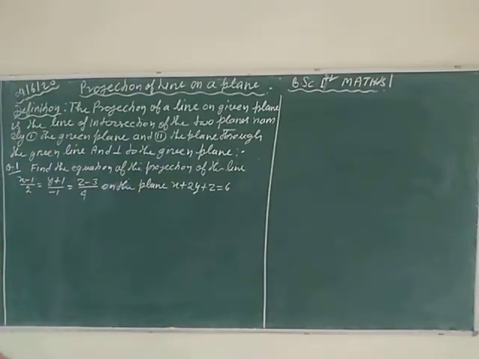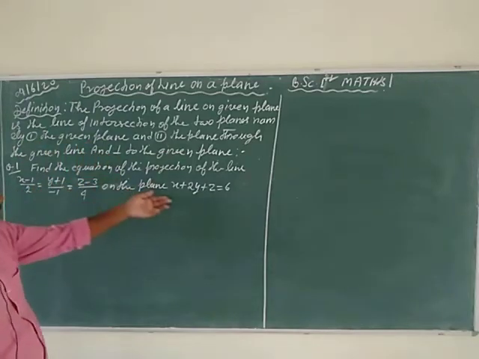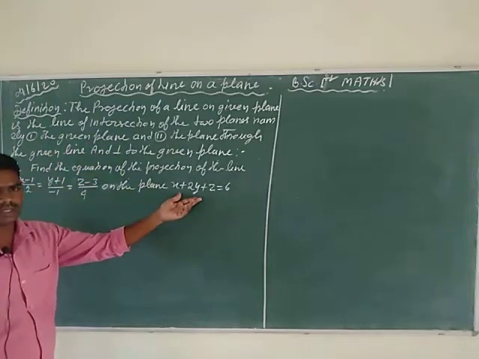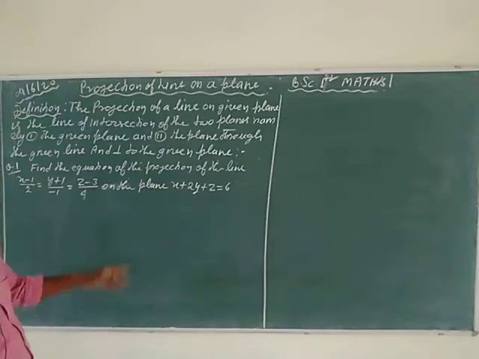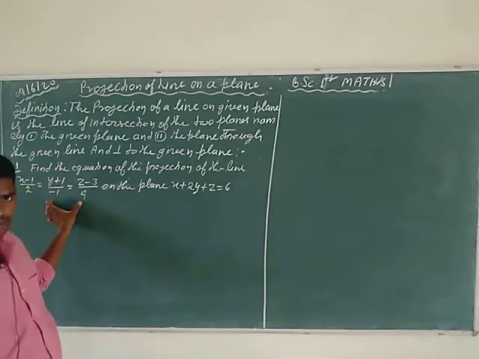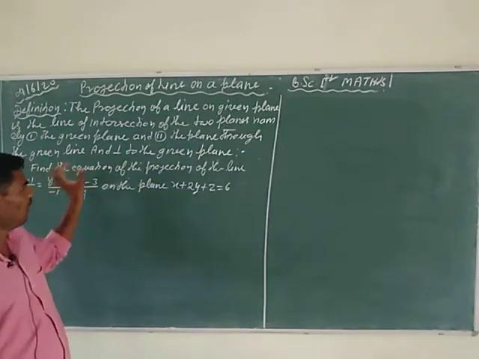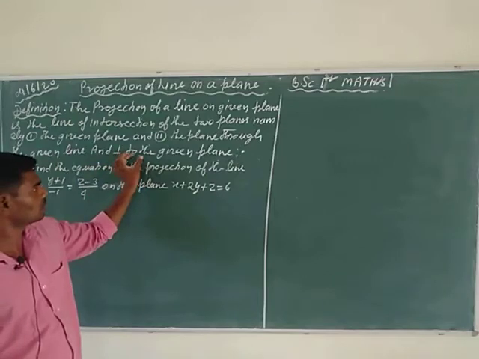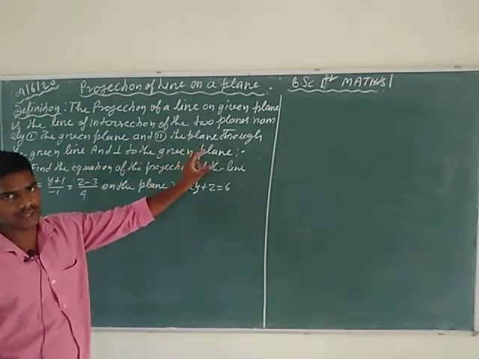So here it is clear from the definition that the given plane equation is x plus 2y plus z is equal to 6. This is the first point. The plane through the given line, here the given line is this, is the second point, perpendicular to the given plane.